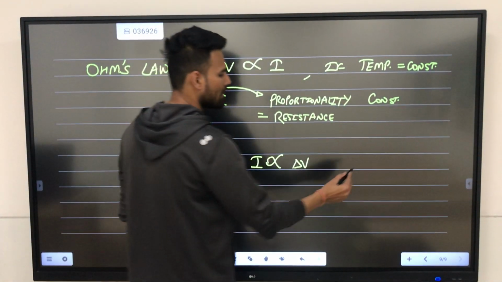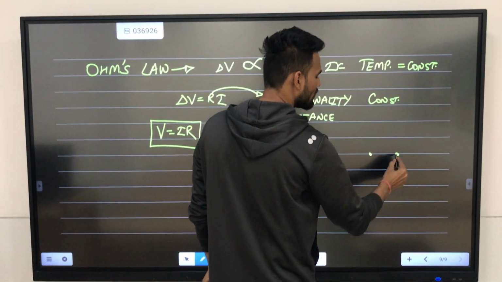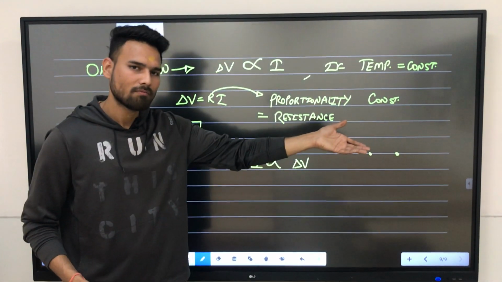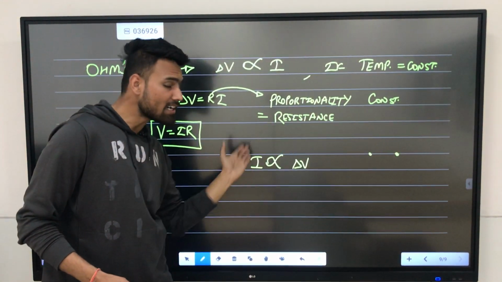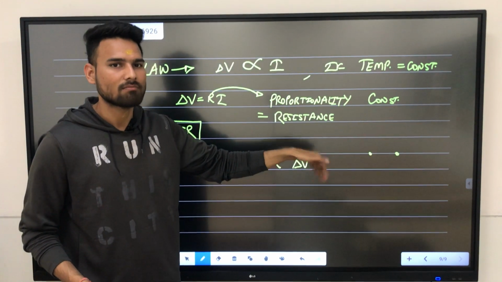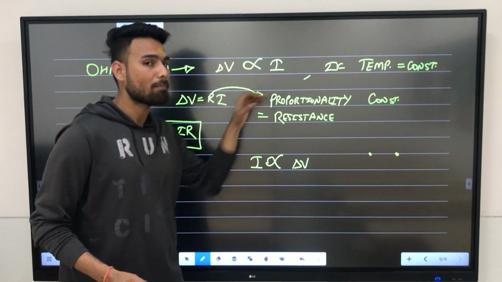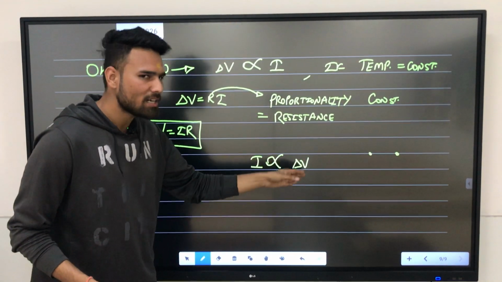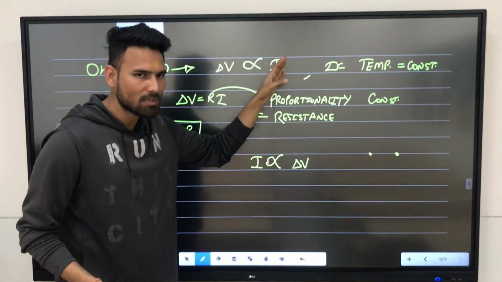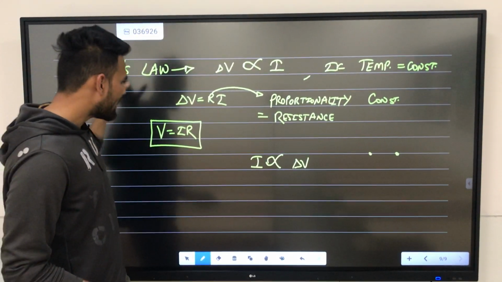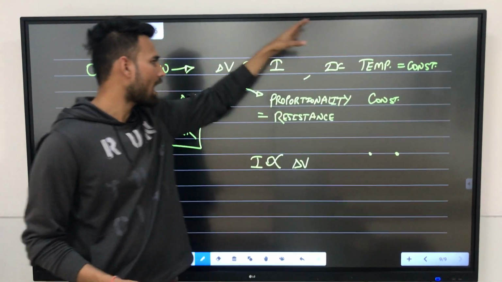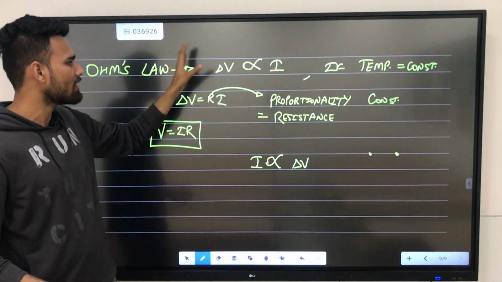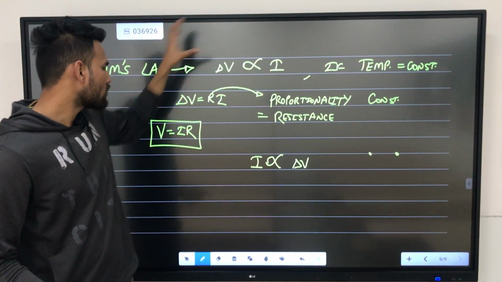If a potential difference is applied across two terminals, only then will current flow. So I should be directly proportional to delta V, not delta V directly proportional to I. But in class 10th standard, we say that potential difference is directly proportional to current. So V is equal to IR.